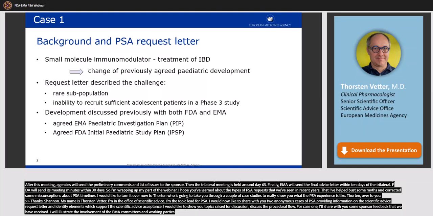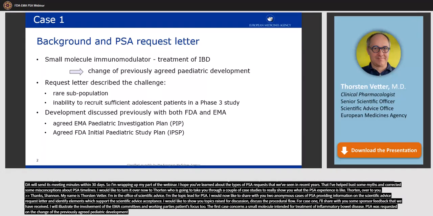The first case concerns a small molecule immunomodulator intended for treatment of inflammatory bowel disease. PSA was requested on change of a previously agreed pediatric development program.